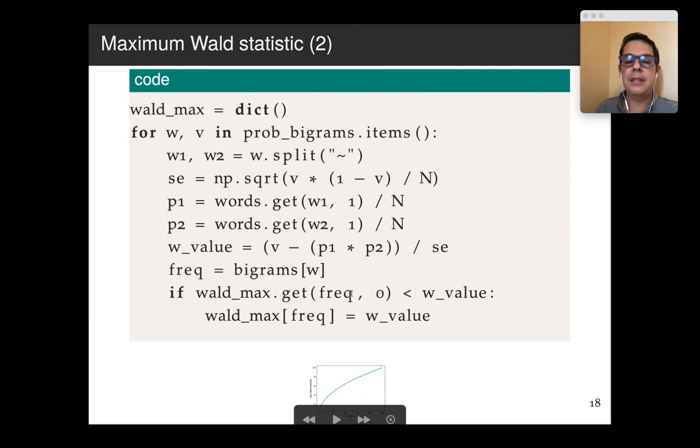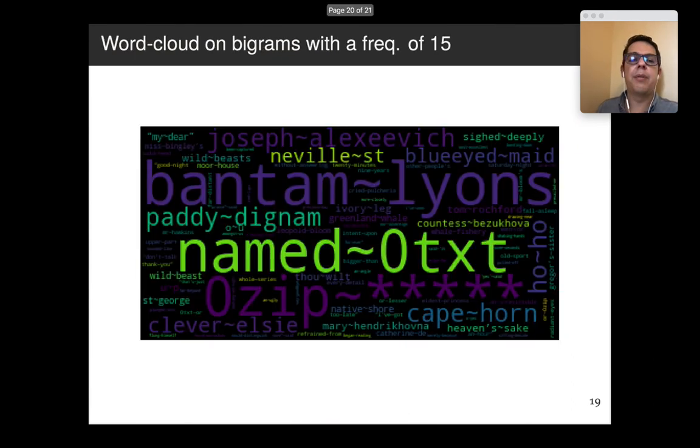If we haven't seen that frequency, we say the Wald statistic of that is 0, and we have computed the Wald value in this line. If the Wald statistic that we have seen for that particular frequency is lower than the Wald statistic that we have just computed for that frequency, then we are going to replace it, and that's it. That is how we are getting the maximum value of the Wald statistic.